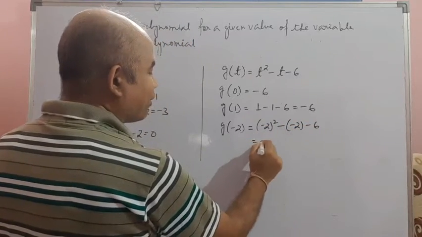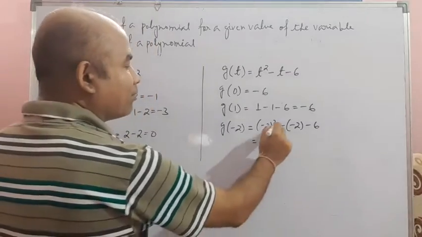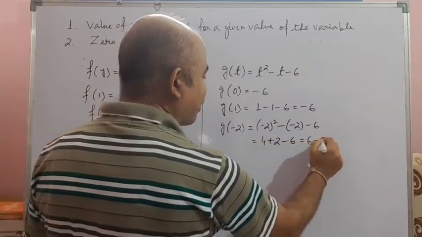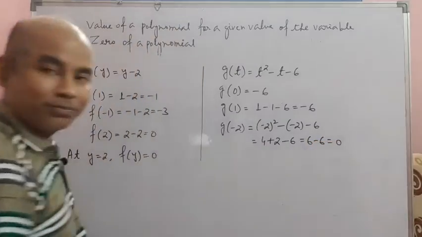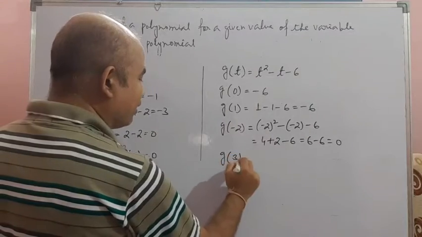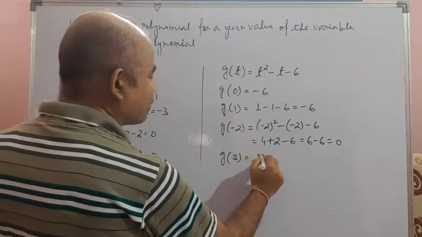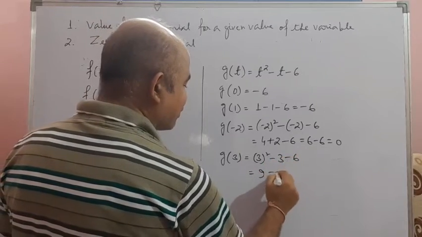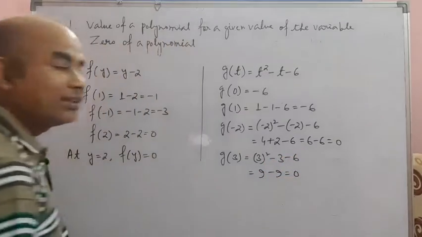When I square it, it will be positive 4. Minus and minus is plus 2, then minus 6. So 6 minus 6 equals 0. Then suppose I put 3, then you see 3 square is 9, minus 3 minus 6, which is 0. So the answer is 0 again.